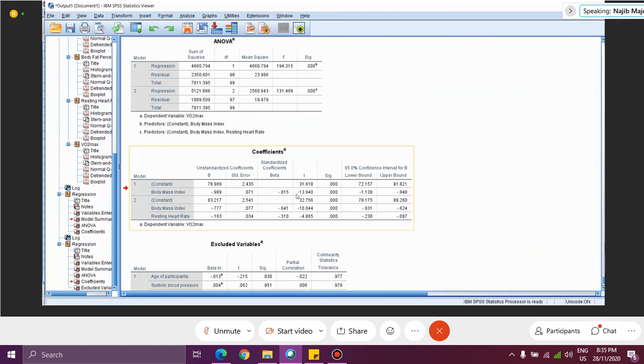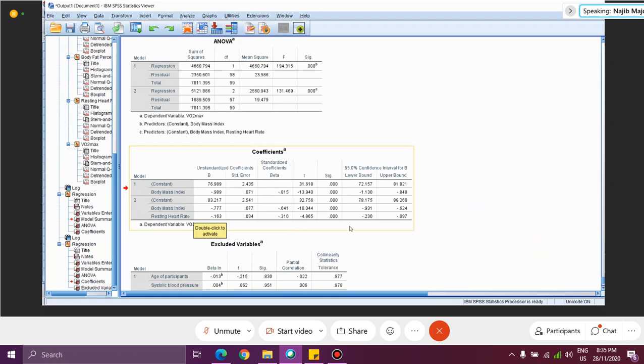The model is significant at the first step, the first model, okay? And it begins to add in another variable. So for example here, it adds in resting heart rate. The second model in the stepwise method contains 2 variables, both are significant, and it stopped at step 2, right?